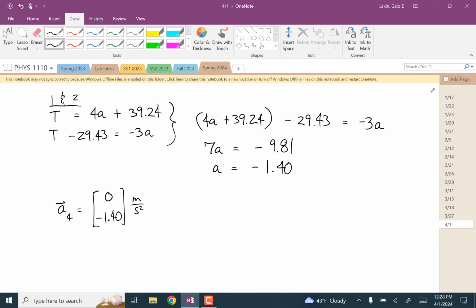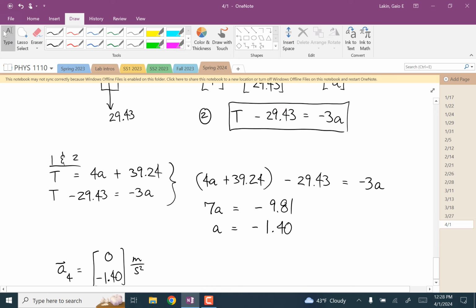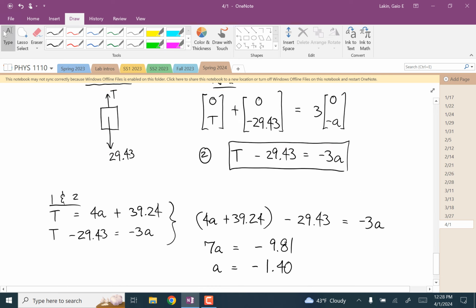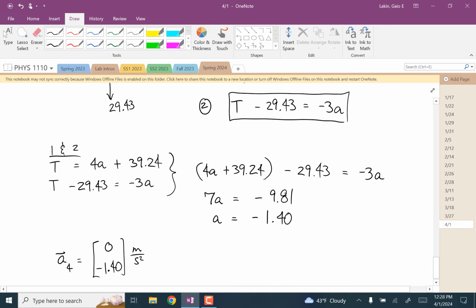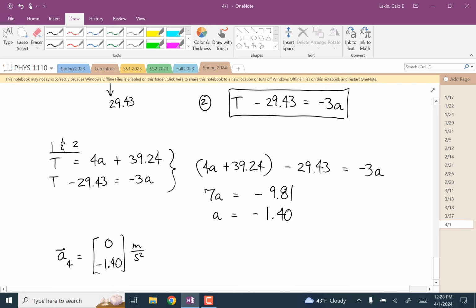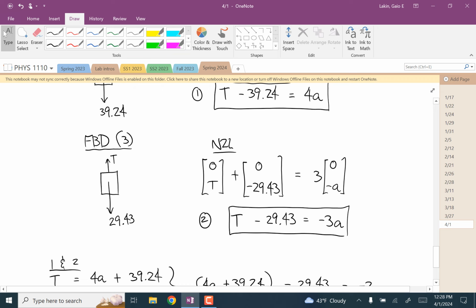A question: so it doesn't matter which equation you sub into which, as long as you're plugging the answer in? That's right. I remember being confused about how systems of equations worked when I was first taking these math classes. I think the easiest way to make sense of it is that every equation you enforce is telling you something that's true.